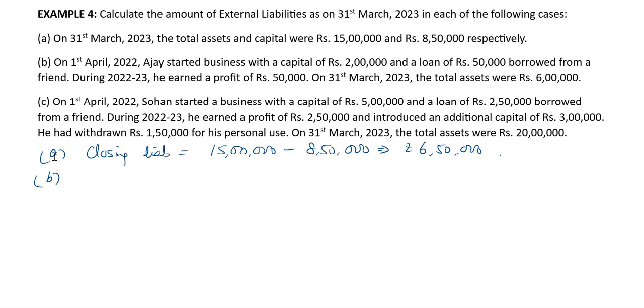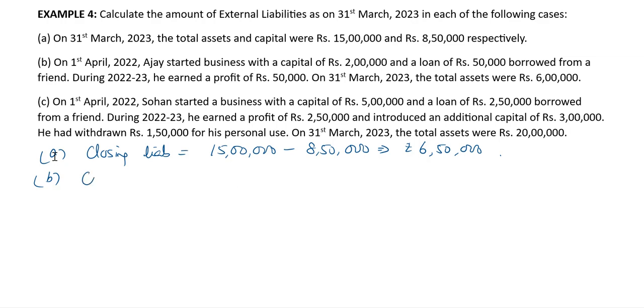B subdivision. On 1st April 2022, Ajay started a business with a capital of 2 lakh and a loan of rupees 50,000 borrowed from a friend. During 2022-23, he earned a profit of rupees 50,000, and on 31st March 2023, the total assets were rupees 6 lakh.